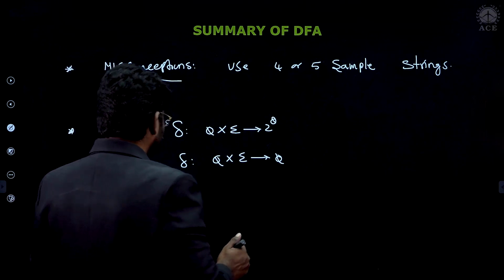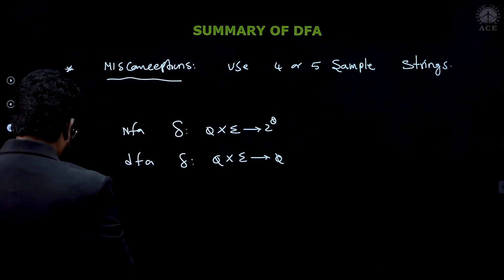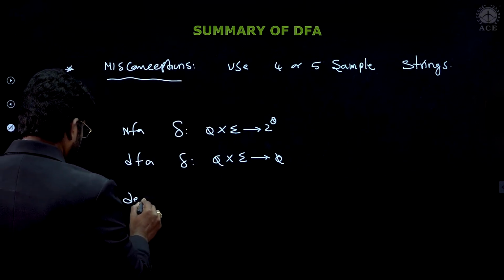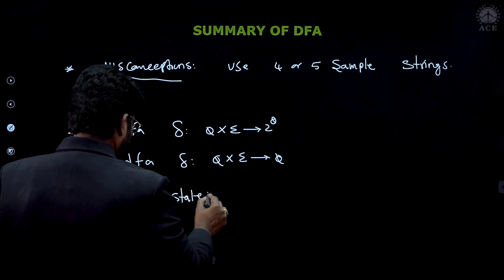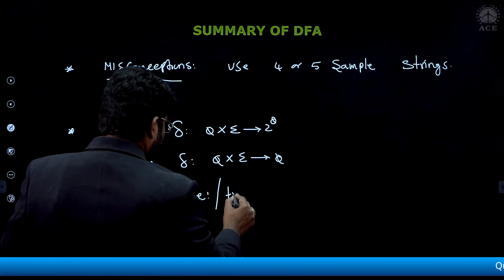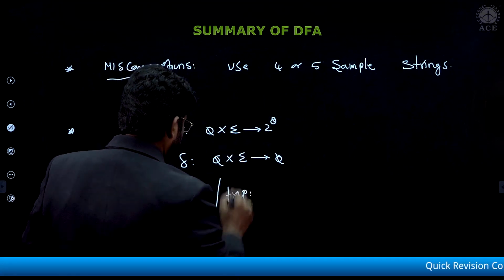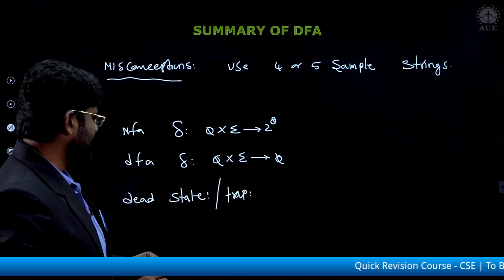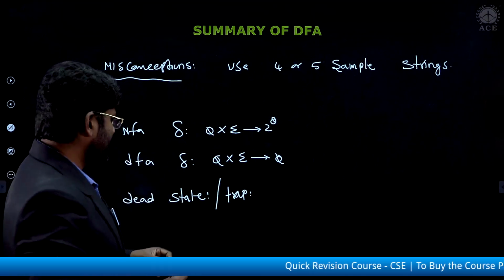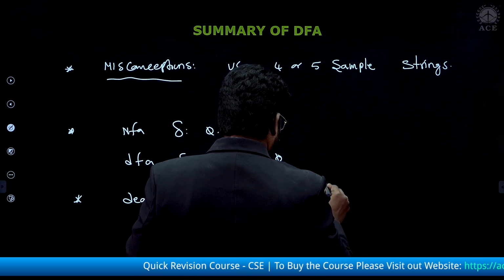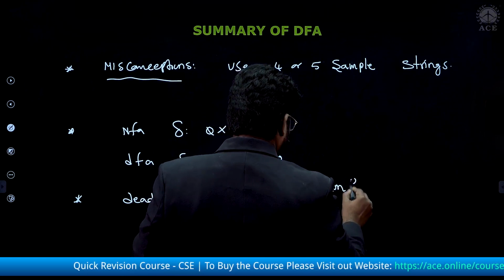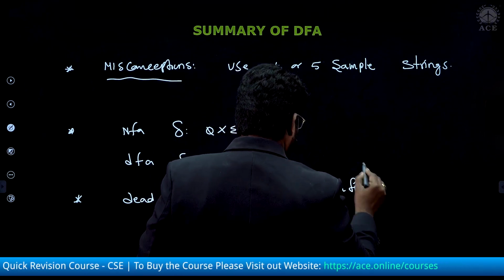Another thing I told you regarding the dead state. This is also called the trap state. What is the dead state or trap state? Usually this is by default a non-final state.